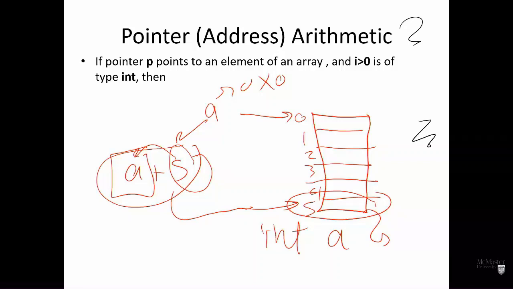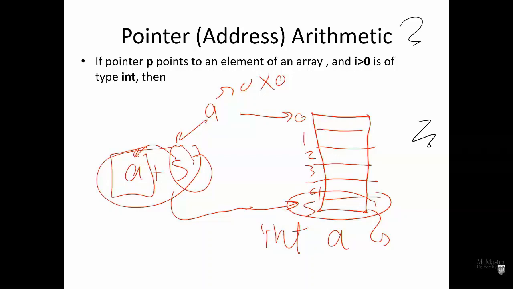Okay, this one is at address 20 because this is at 0, this starts at 4, 8, 12, 16, 20, because it's integers. What if array A is of type character? It's different because integers are 4 bytes, but characters are just 1 byte, right? So if A is an array of characters, this is going to be address 0, 1, 2, 3, 4, 5.